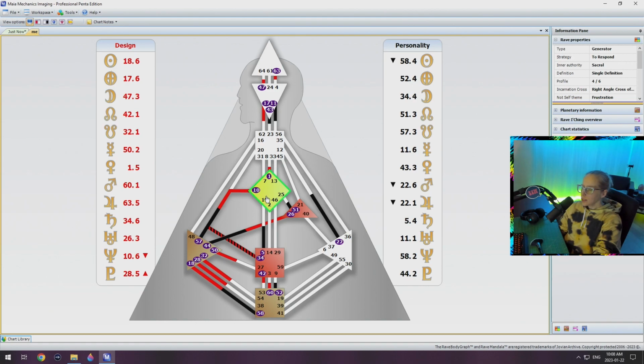But these centers are these juicy life force centers that just hold these aspects of who you are, and it's what you put out into the world. But how do they get there? It's actually a combination of the design side and the personality side. The red colors, the black colors that are coming in together, that are creating that definition. Let's talk about it. Look right here. We have the 18 and we have the 58 coming together as a gate and a gate.